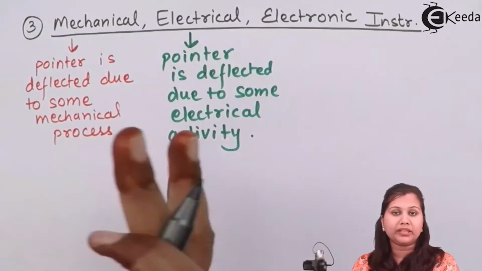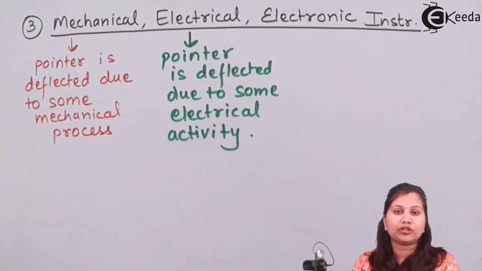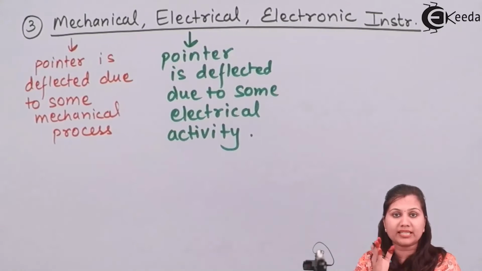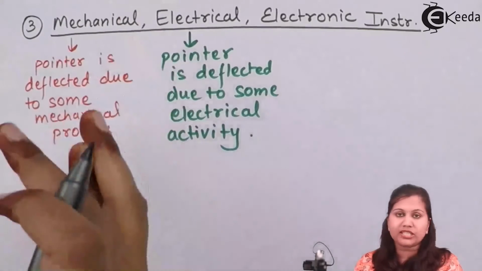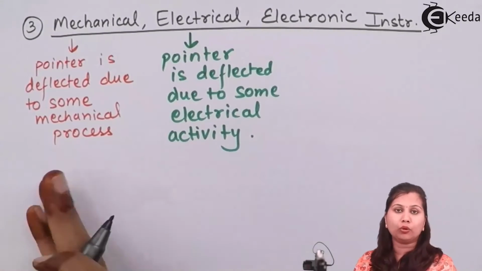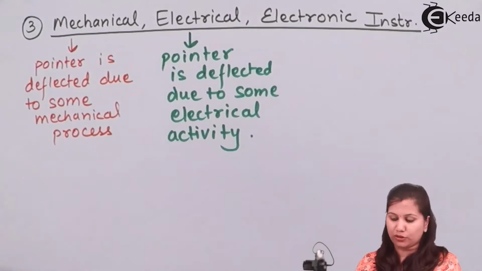So when a pointer is deflected due to some electrical activity, like when we are measuring the current through the ammeter, due to the current flowing through the ammeter, the pointer is deflected. So these types of instruments are called electrical instruments. Ammeter, voltmeter, the ohm meter, all these are electrical instruments.